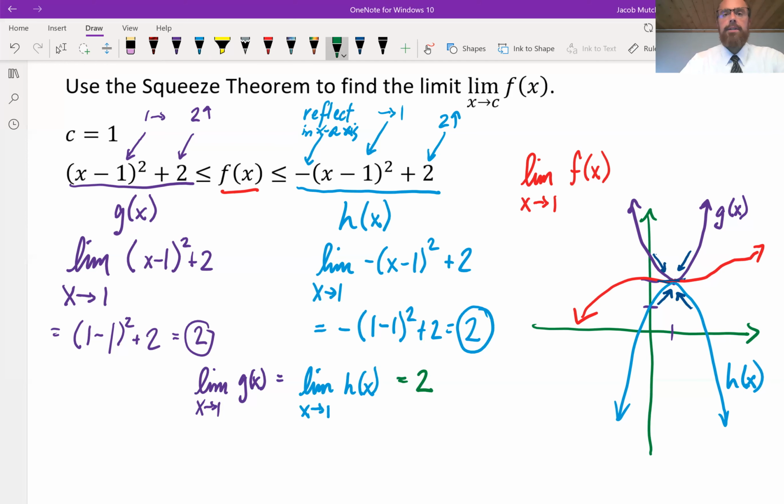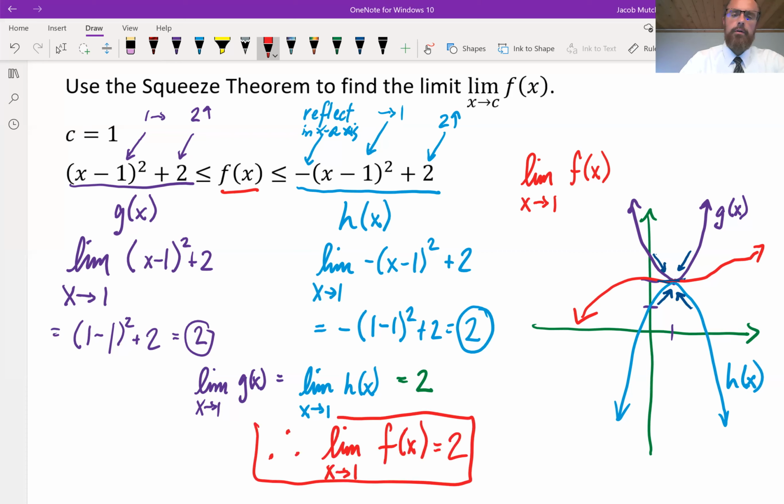To apply the squeeze theorem, also called the sandwich theorem, all we have to do is say at this point, well, if our function's always between those two, and their limits are equal as x approaches 1, therefore, logically, according to the theorem, the limit as x approaches 1 for my mystery function f of x also equals 2, and that is case closed. Nice application of the squeeze theorem, or the sandwich theorem.